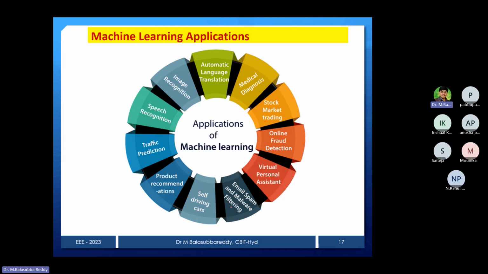So, self-driving cars. Nowadays there are a lot of Tesla cars, EV cars, and self-driving is also there, because it is all about machine learning. If you say navigation, then based on the sensors, and IoT may also be used, the IoT sensors will sense the picture and process it, like Chandrayaan 3.